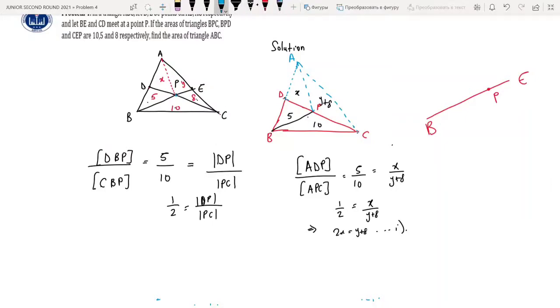Then next up, I construct this line like this. And also have something like this. This is a bit hard to draw, but we'll have something like this.